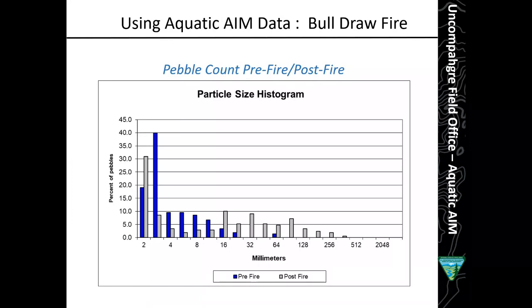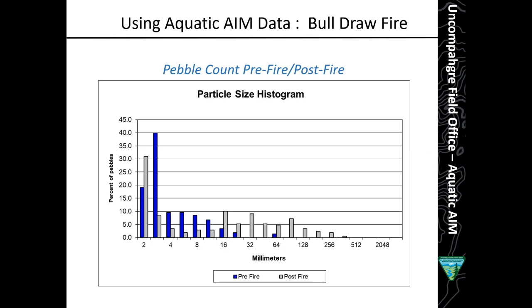One of the indicators that we were able to use from the AIM data to look at pre-fire versus post-fire is the pebble count. The AIM protocol uses the Wolman pebble count. It's actually a really robust protocol. Over 200 samples are collected on 13 transects.